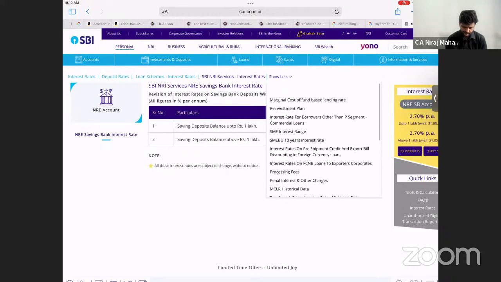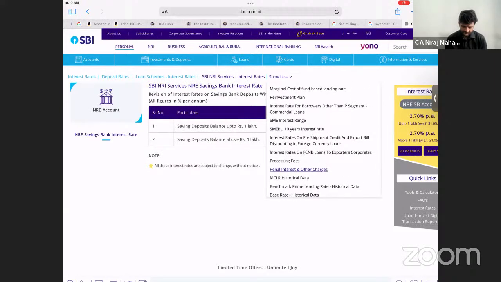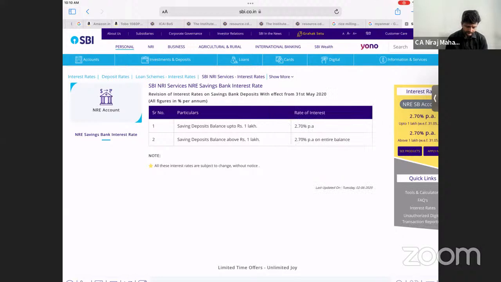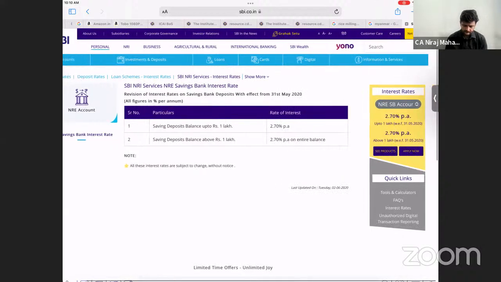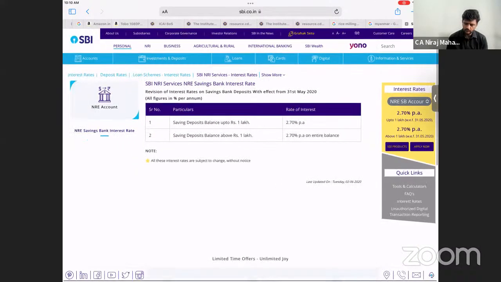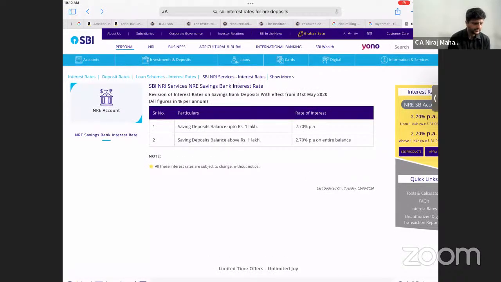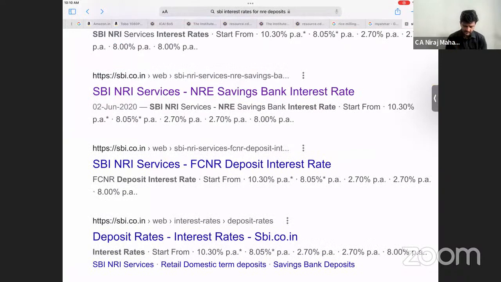Okay. We'll go ahead, everybody. Last updated April 2020, I don't know what on God's earth they are doing actually. Latest rate, but whatever. Let us take it as 2.7 or 3%, whatever.